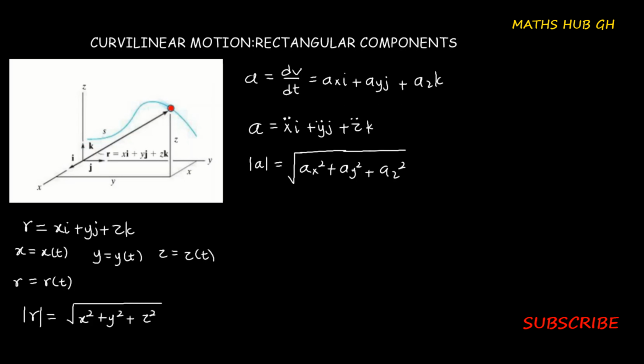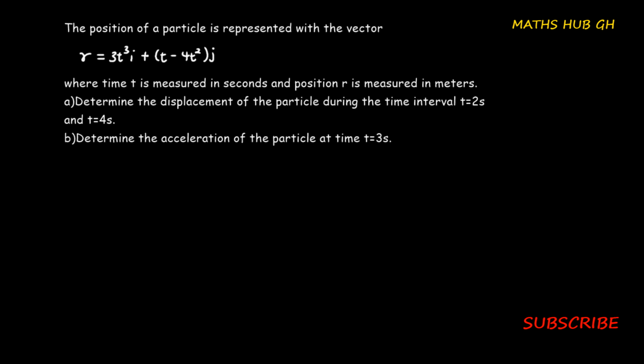And then you can specify the direction of the acceleration vector using the unit vector ua, which will be equal to the actual acceleration vector a over the magnitude. Okay, so this is what you're going to learn about curvilinear motion in this lesson.